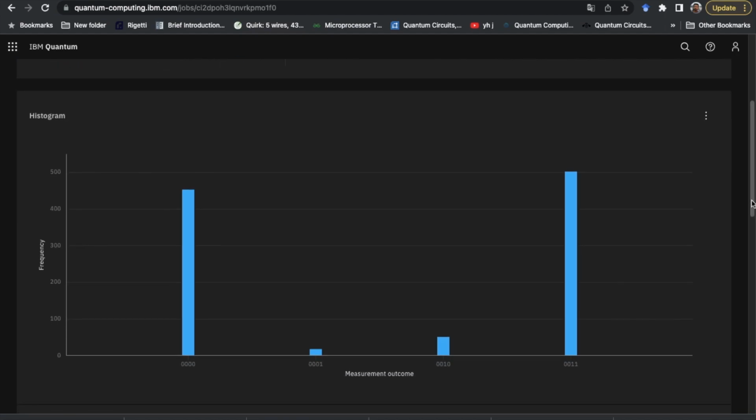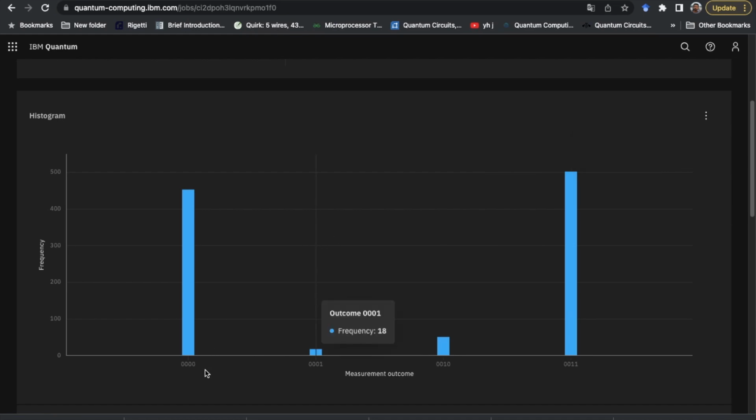As I have used 4 qubits, there are 4 different possible outcomes here, where 0 0 is 453, that is 44%, and the probability of getting 1 1 is 49%. But there are also two different states, 0 1 and 1 0. There is also a chance to get these states: the 0 1 state is about 1.7%, and the probability of getting the 1 0 state is about 5%.